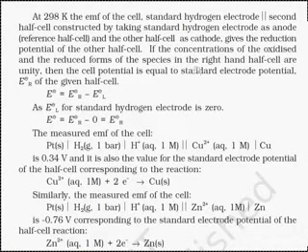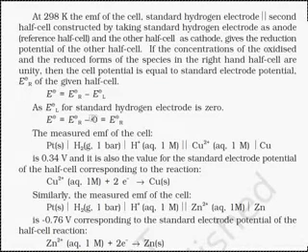Now I told you that standard is denoted by a naught. So here you have E naught R of the given half cell, that is E naught is equal to E naught R minus E naught L. This is the formula. As E naught L for the standard hydrogen electrode is 0, you will have E naught is equal to E naught R minus 0.